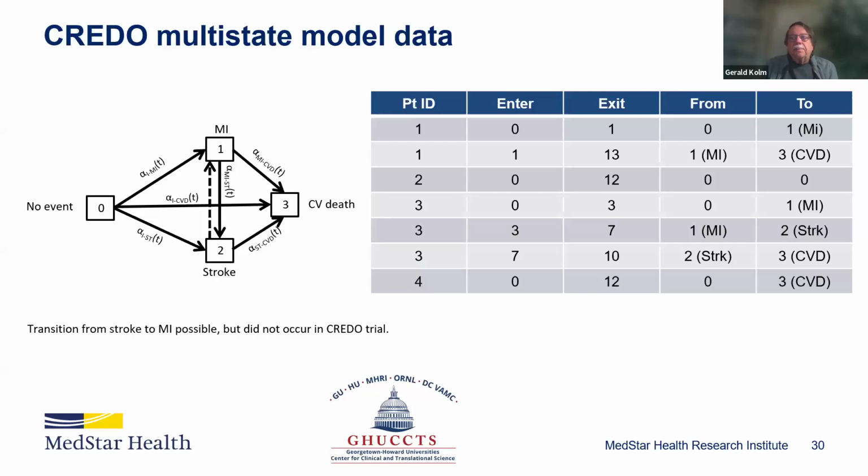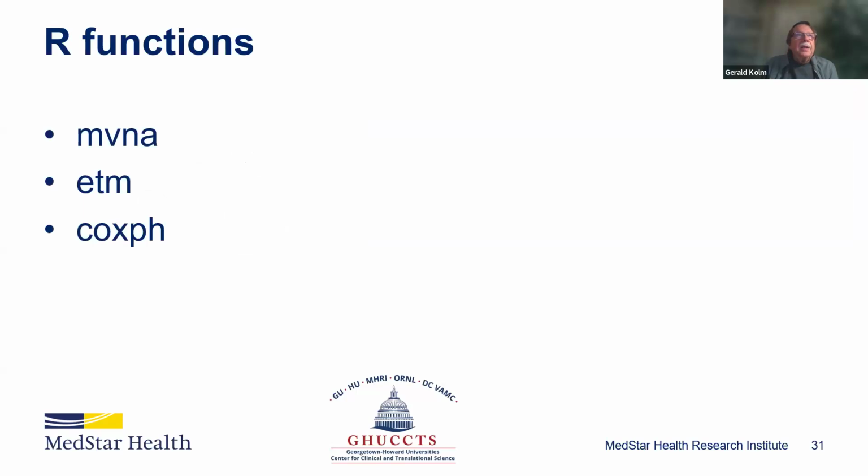Okay, so I just listed some R functions here that would be used in doing multi-state analysis. As I mentioned, regular survival analysis you can do in any statistical package.